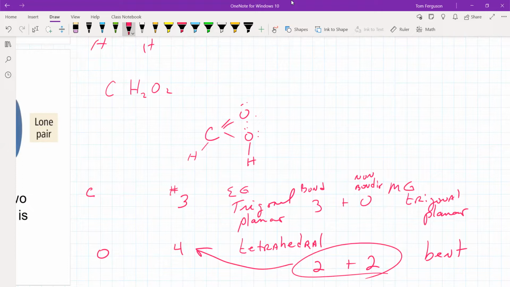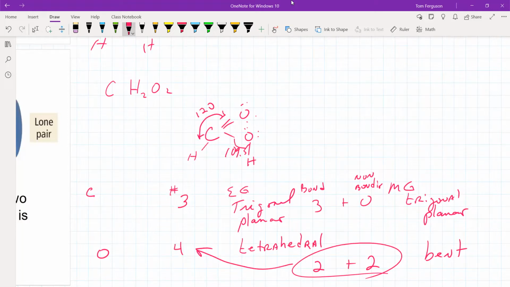So this angle here, because it's trigonal planar, it's going to be 120. And this one here, that is determined by the electronic geometry. On the second central atom, the oxygen, that's going to be based on 109.